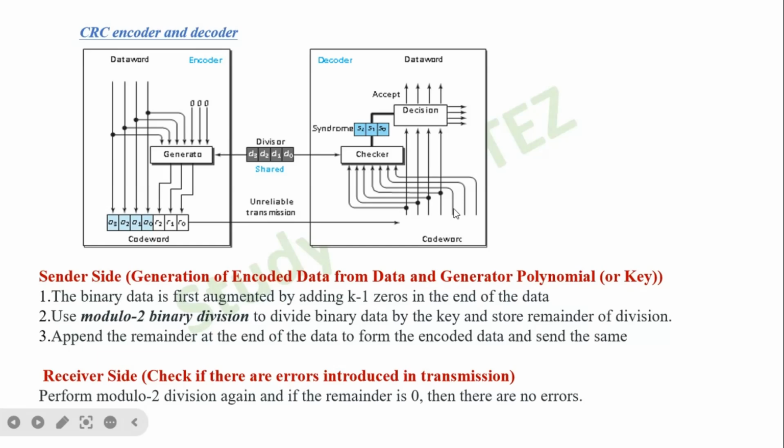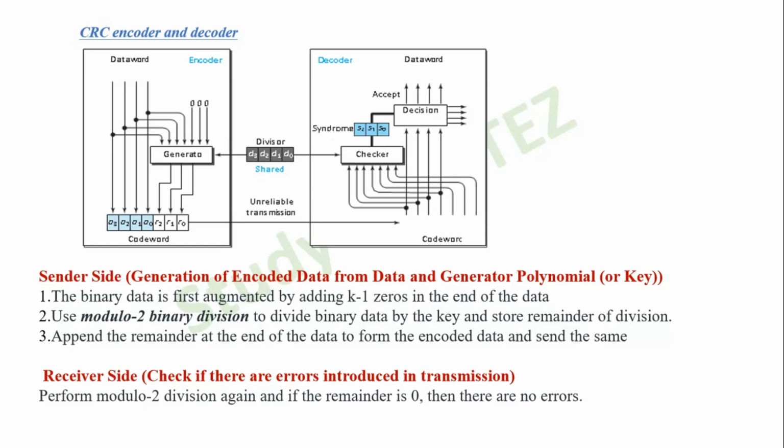Once it has been received at the receiver, the code word that is received is given to the checker. The same procedure that we applied here is also applied here, and whatever output we get, that we check. This is called a syndrome. Here these were redundant bits, or I call it a remainder; here I call it a syndrome. If the syndrome is 0, then the data is uncorrupted.